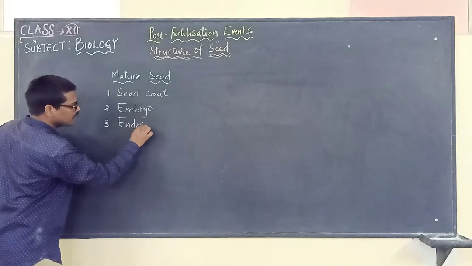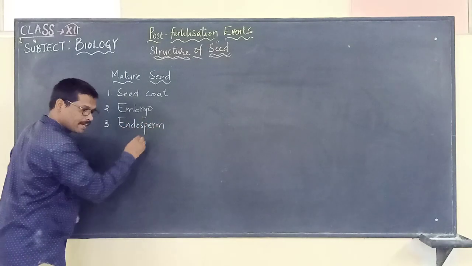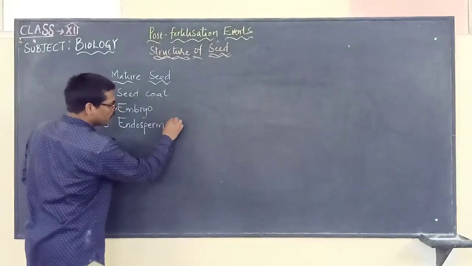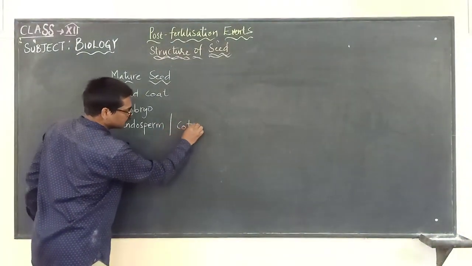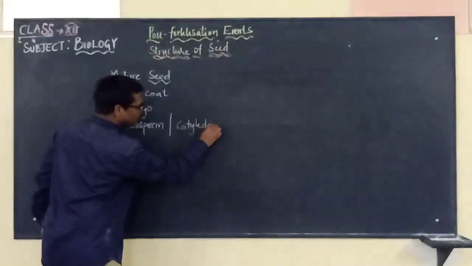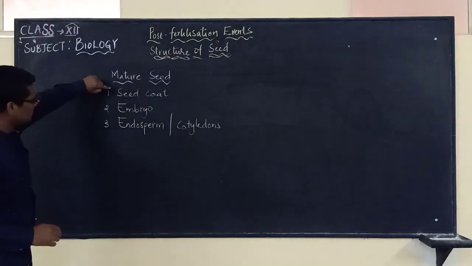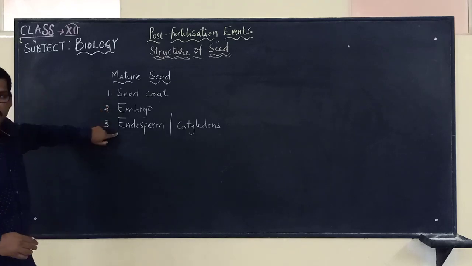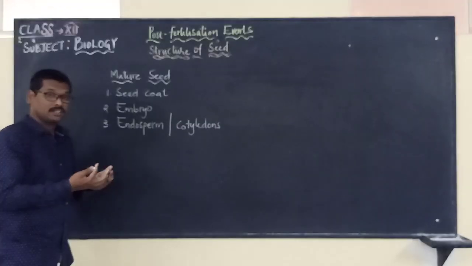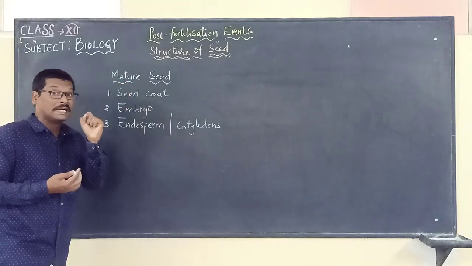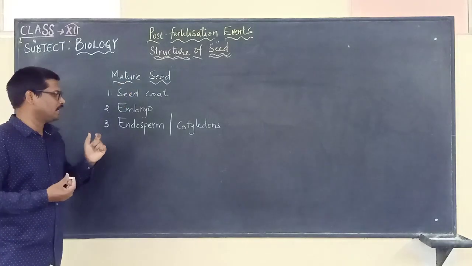As I said, when the endosperm is absorbed, it forms the cotyledons. So the three important parts are the seed coat, embryo, and endosperm. All these together, present in the mature seed, are collectively called what? Kernel.